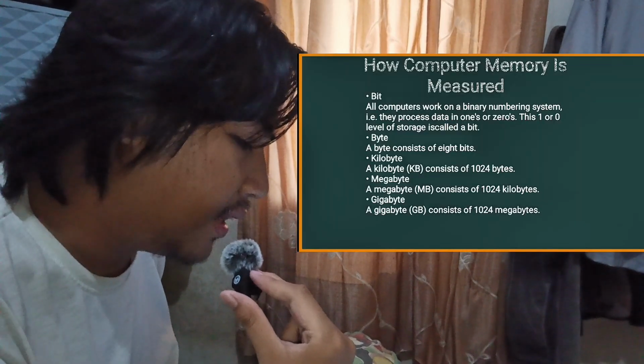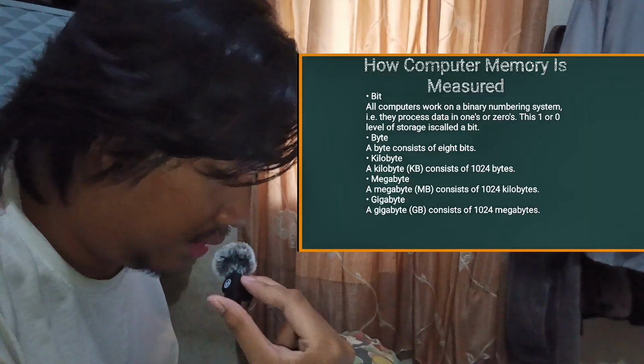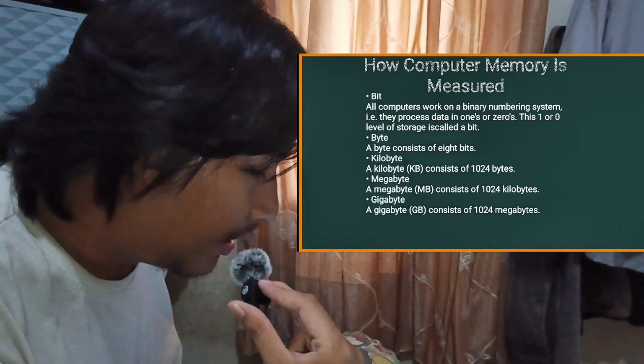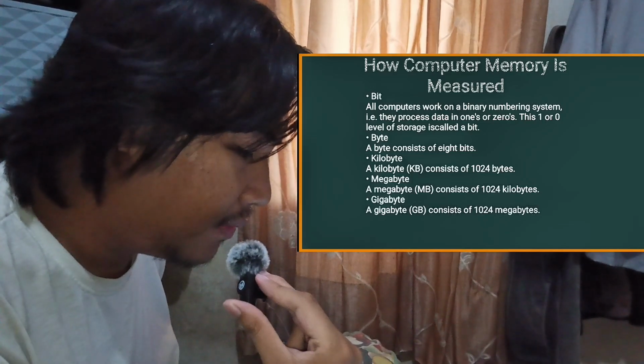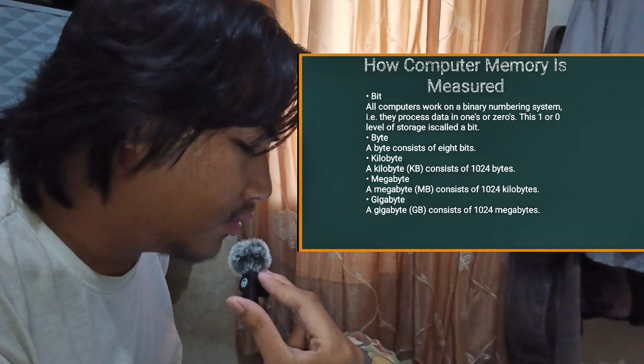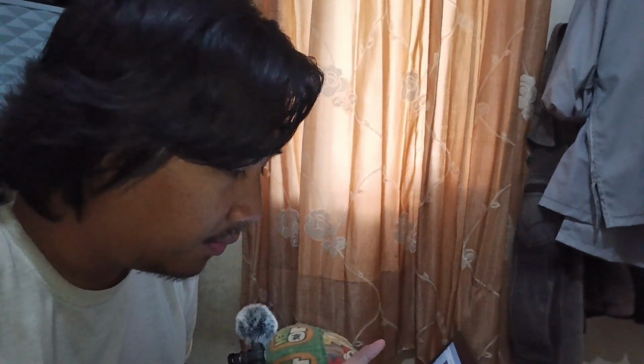A kilobyte consists of 1024 bytes. A megabyte consists of 1024 kilobytes, and a gigabyte consists of 1024 megabytes.